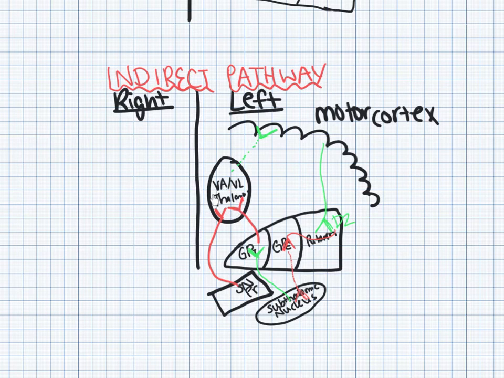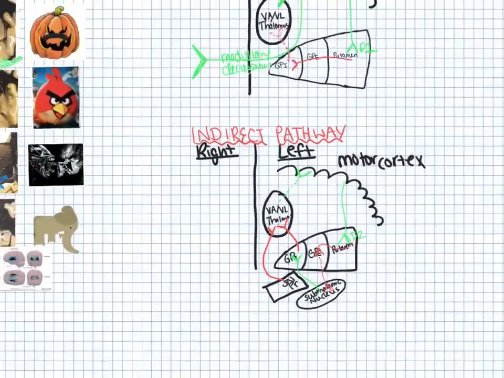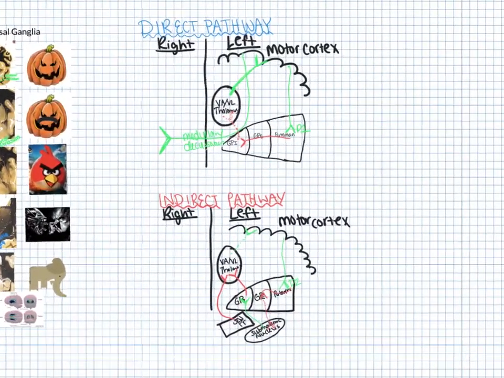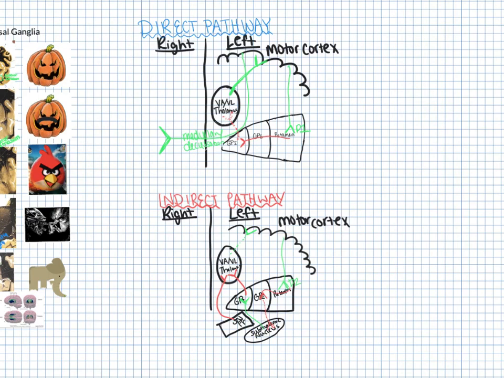Therefore, the thalamus cannot excite the motor cortex. Therefore, you are turning motor activity down. So this is in contrast to the direct pathway that results in turning motor activity up.